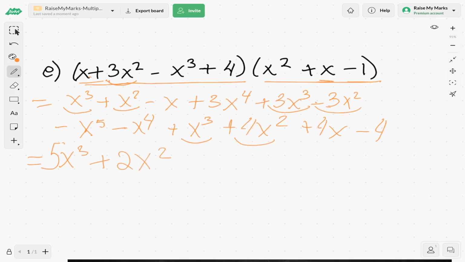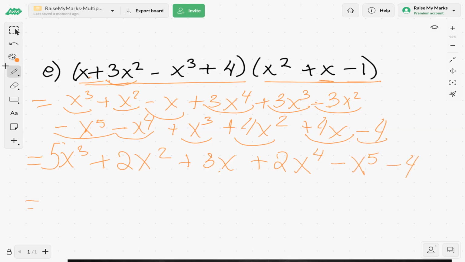All right, and negative x plus 4x gives us 3x. 3x to the power 4 minus x to the power 4, so we're at 2x to the power 4. We have a negative x to the power 5 and a negative 4.